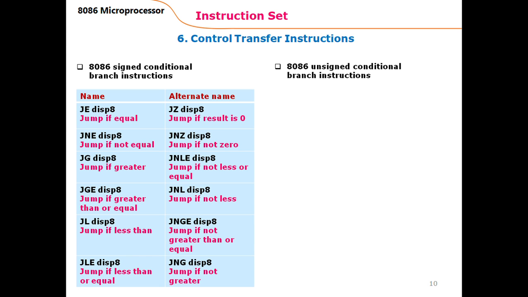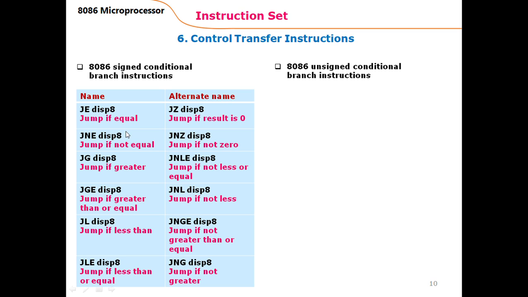Normally, the set of instructions used for the signed conditional branch instructions are given here. For example, these are the names of the conditional branch instructions, and there are some alternatives used for these instructions as well.